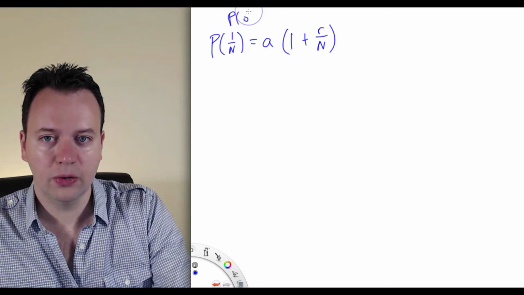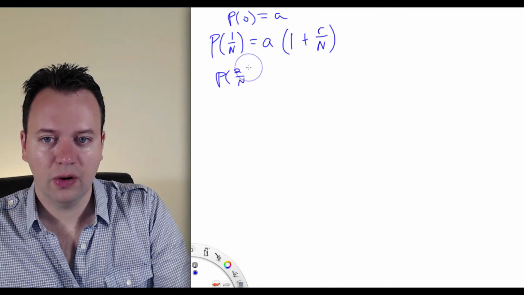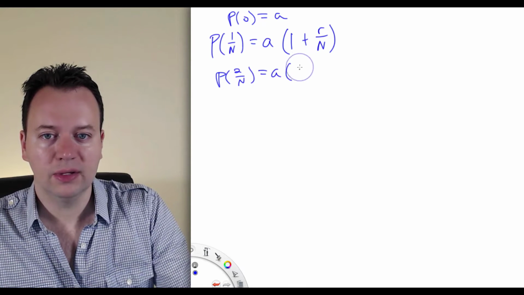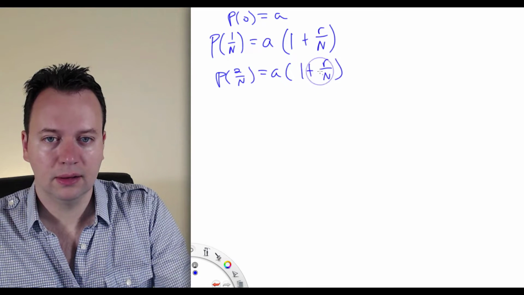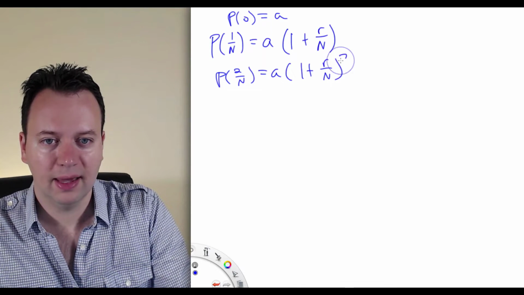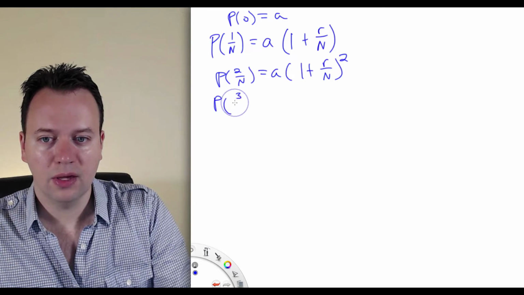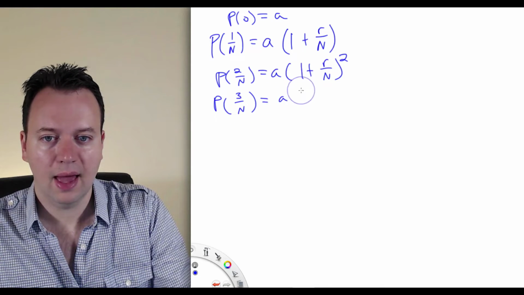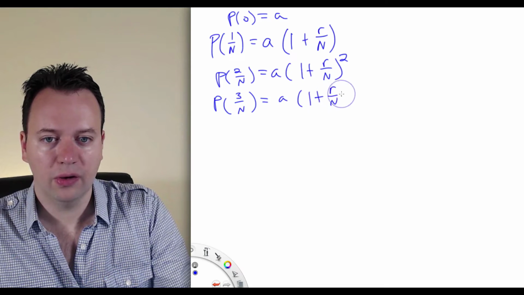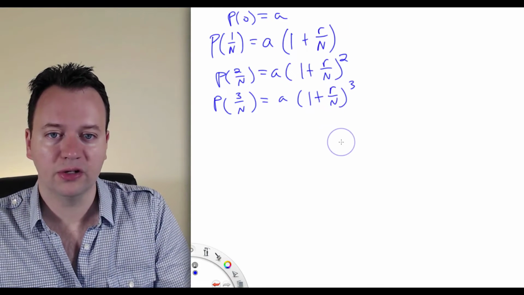P of 0 is just equal to A, that's the initial amount. P of 2 over n would equal A times 1 plus R over n again, so we get 1 plus R over n squared, and so forth. P of 3 over n, we get A times 1 plus R over n cubed. Because every time we add interest, we simply multiply by 1 plus R over n.